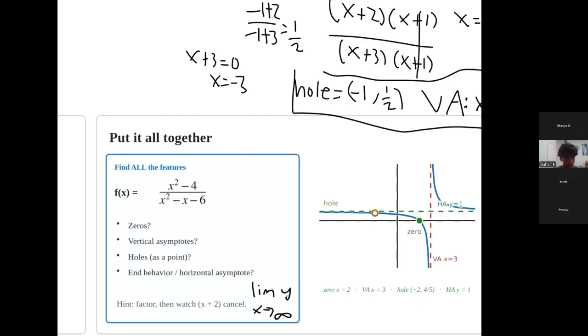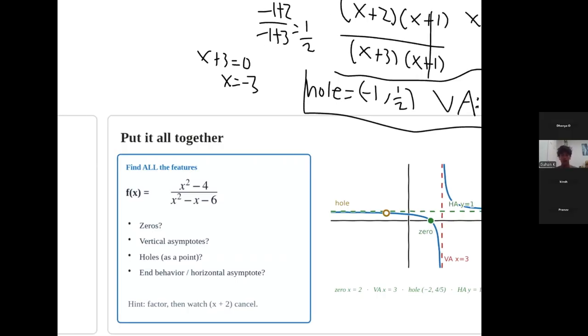Since this function is actually f of x equals the function, you have to do f of x equals, and then you just write whatever end behavior it is. All right. So you guys can solve this right now, and I'll solve it in a couple minutes.